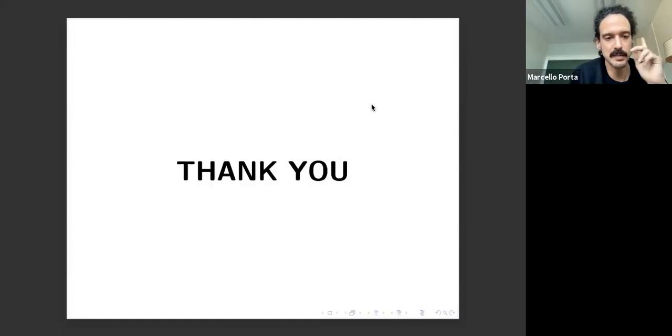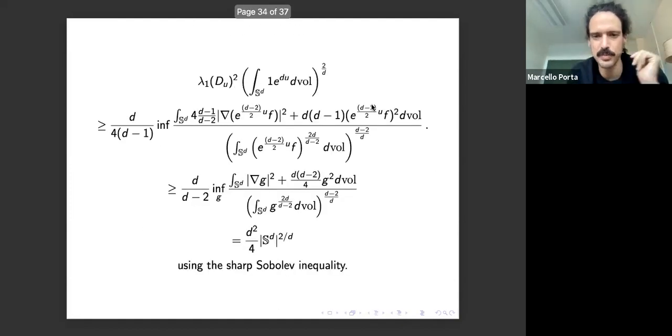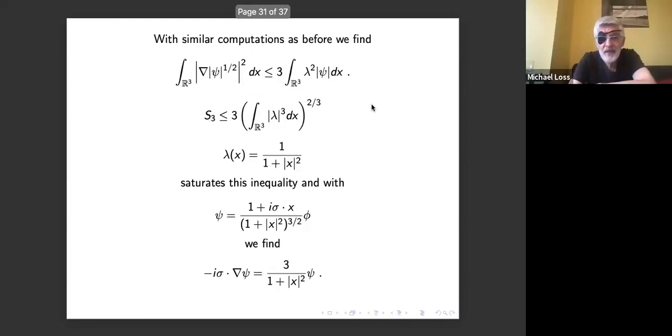Maybe I have one, but perhaps you explained it and I missed it. Why do you expect the Loss function, this function you showed us before, to be an optimizer for the inequality? At some point you mentioned that you suspect that to be true. Yes, we suspect it. There are too many miracles happening.